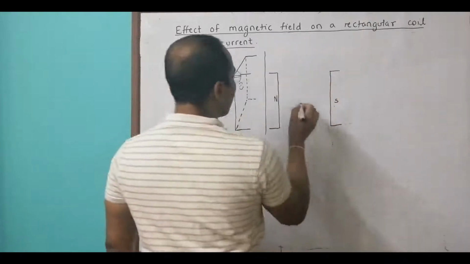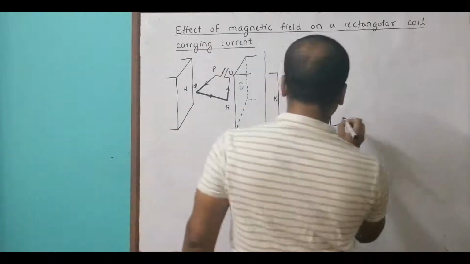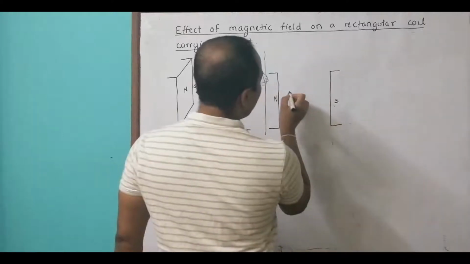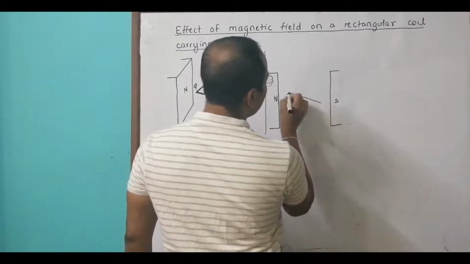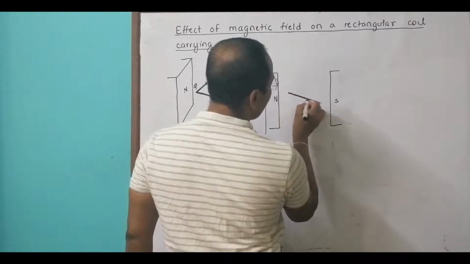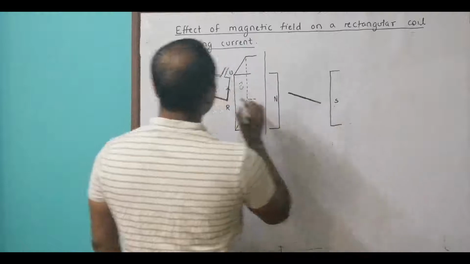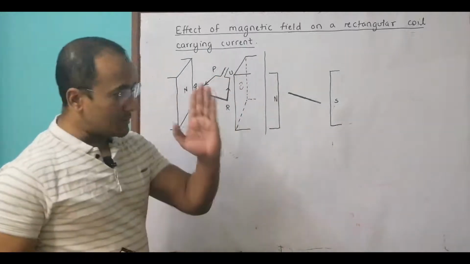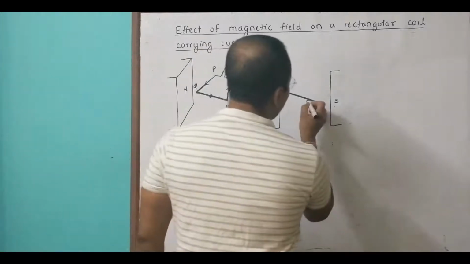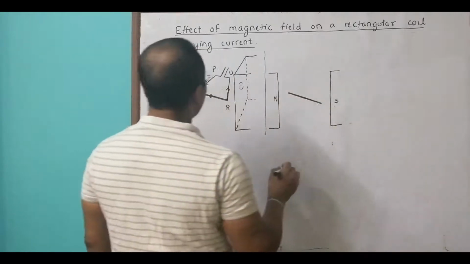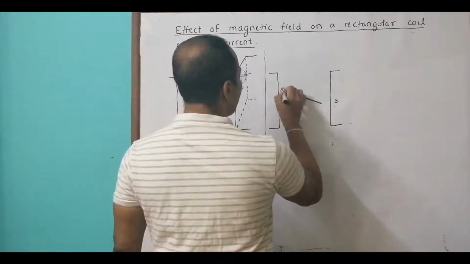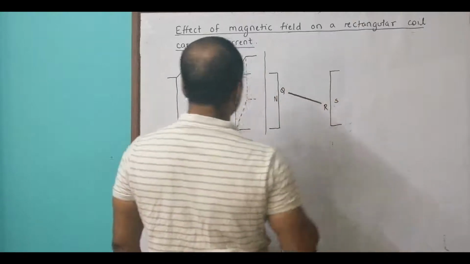The center should be here, and QR should be somewhat like this, with uniform thickness. I cannot see P and U because it is a direct 2D view, so I cannot see anything of the back region. This is Q and this is R.